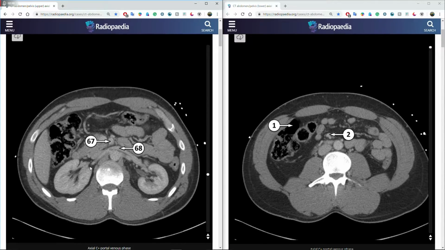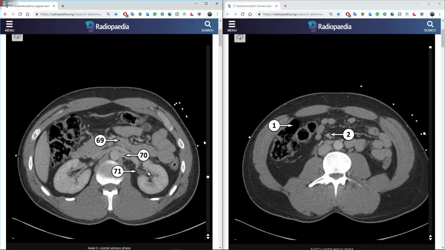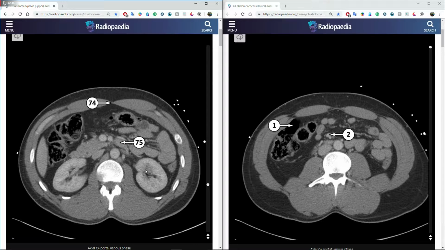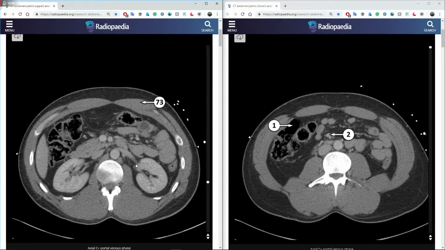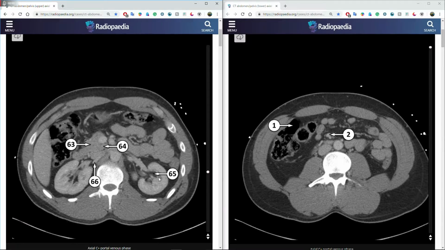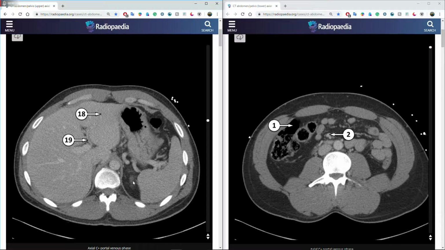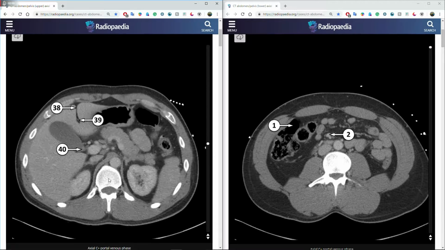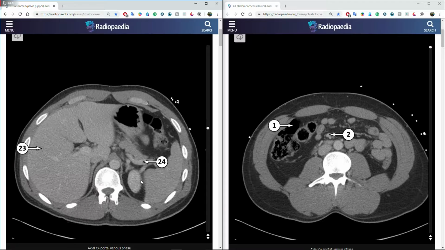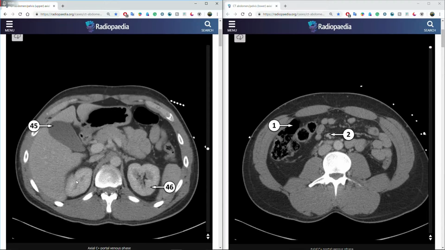And here is the right renal vein, and the renal artery. So if you just follow here, this is the superior pole of the kidney. The left is a little more superior than the right.